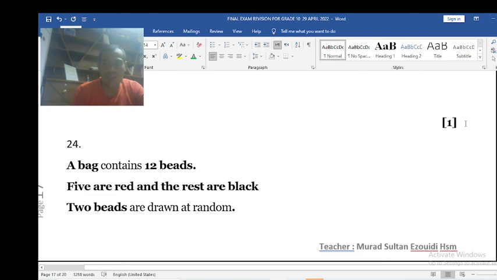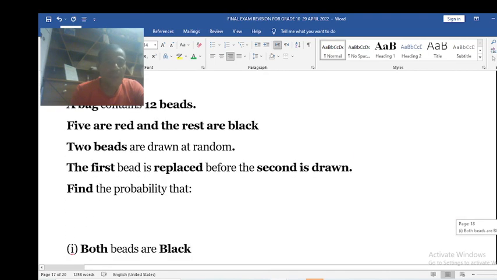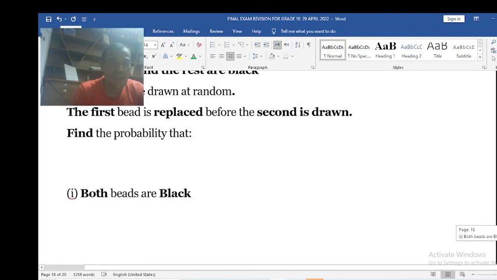And what else? Now we move to the next part. This is the last question, and I will finish the mathematical revision for you, my learners. A bag contains 12 beads, 5 are red and the rest are black. Two beads are drawn at random. The first bead is replaced before the second is drawn. Find the probability that both beads are black.